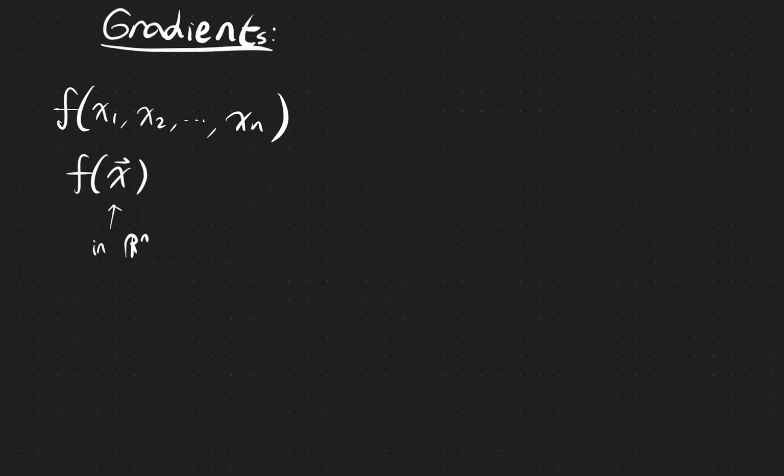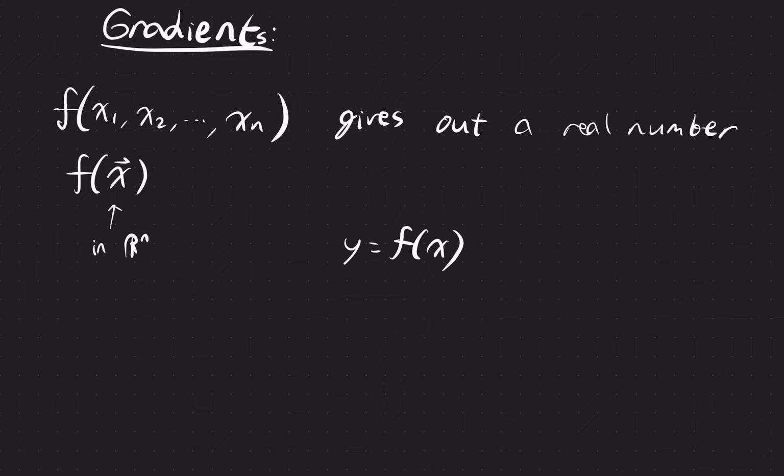And oftentimes we're curious to figure out how this real number output changes as one of the variables changes. Similar to how you might have y equals f of x in calculus 1 and you want to find dy/dx. In this, we're wanting to find the derivative of f with respect to, say, x2.